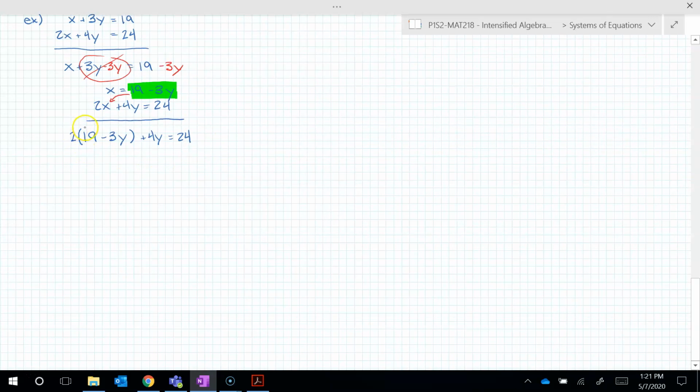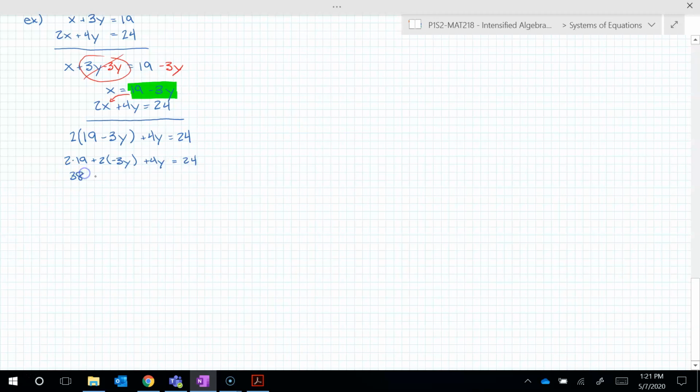So let's do some work. I have to distribute the 2 times the 19 and the 2 times the negative 3y. 2 times 19 plus 2 times negative 3y plus 4y equals 24.